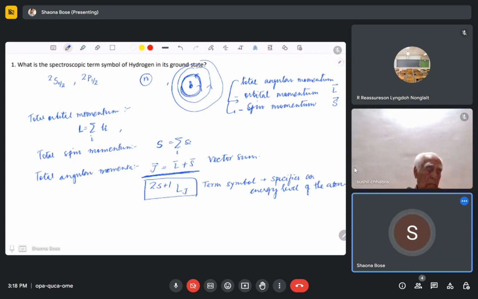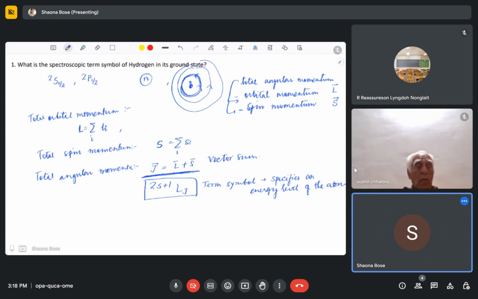Due to the coupling of the orbital and spin momenta, we have a total angular momentum which is different for different electronic states.